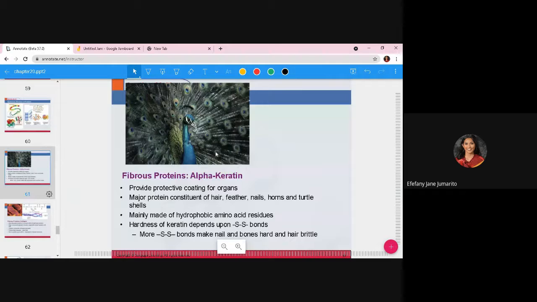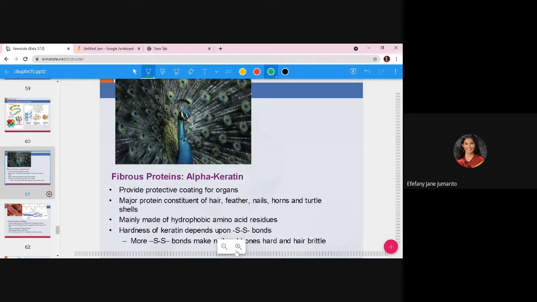All right, we have that one. Then we talked about this already, the alpha keratin. Keratin is the protein responsible for the rigidity of your hair, your nails, and the horns and the turtle's shell. The bond there is your disulfide bond, the SS bond.